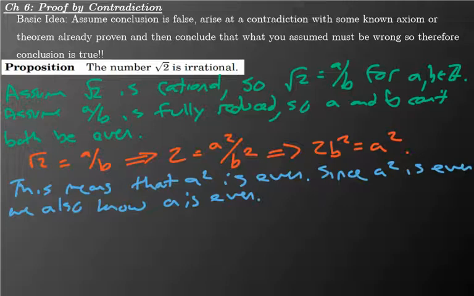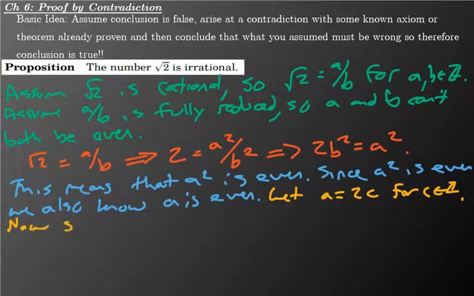And so I'm going to let a equal 2c for some c in Z. That's just because a is even, so it's got to equal 2 times something.